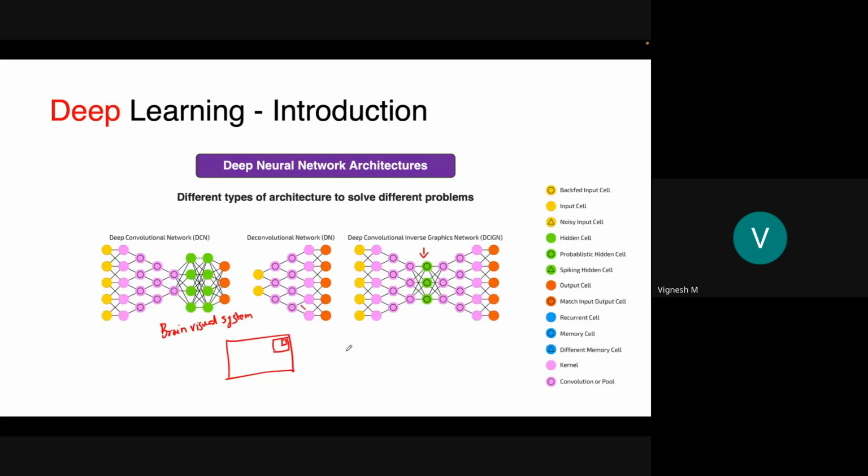And if you go to the visual cortex, which is the part where the brain understands vision, those are much bigger visual fields. So this was the intuition behind this. That means you do not have to look at the image at the pixel level. You can construct an architecture that can inform about specific parts of the image, and the features can build across the hierarchy, and that gave rise to deep convolutional networks, right?